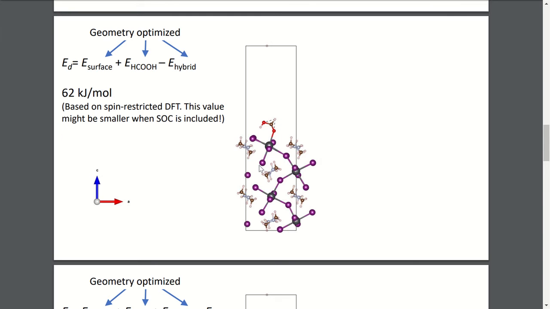I have to calculate the desorption temperature for that. Also, right now I use spin restricted DFT, while in the paper we use spin orbit coupling. So if I apply spin orbit coupling, this number may be slightly smaller, I guess. We haven't really calculated the binding energies, but you have a peak at around 200 for the molecular desorption rate.